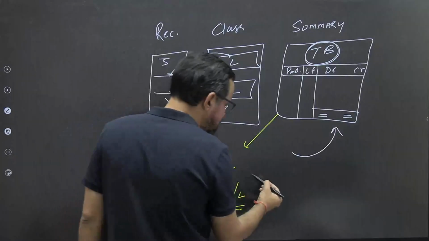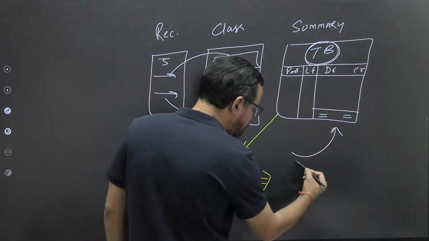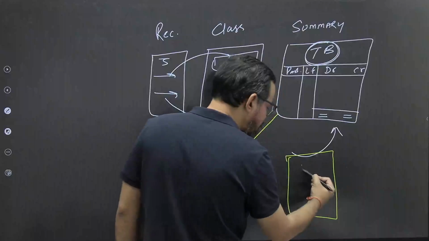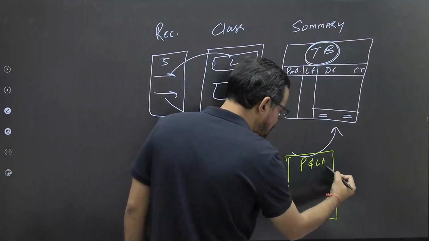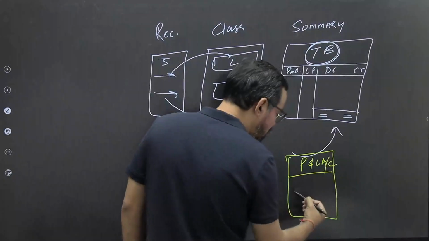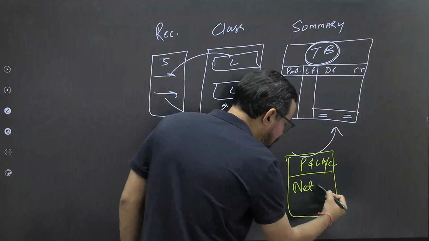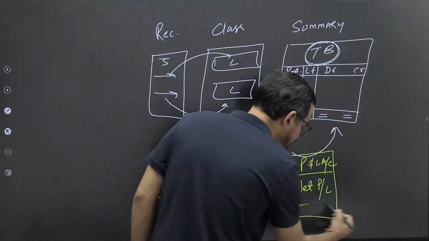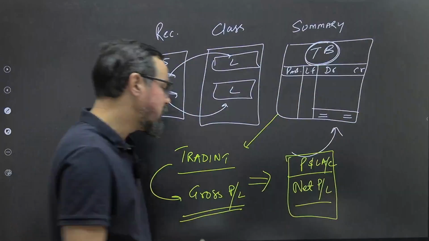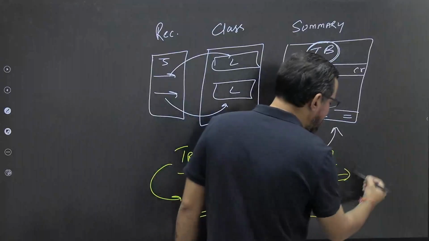Just after this, we will prepare our profit and loss account, with the help of which we'll get to know the net profit or loss during that particular period. Then just after that, we will prepare the balance sheet.